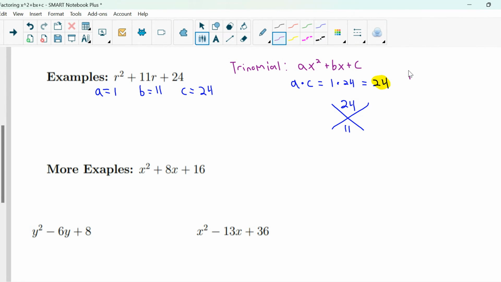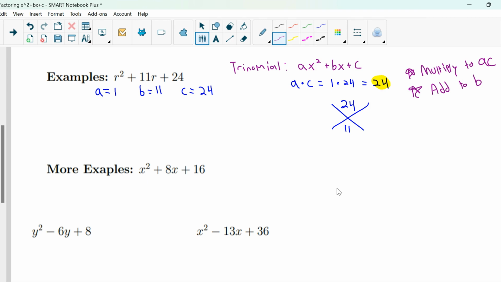So if you want to take a quick note, multiply to AC, add to B. Okay, and I use an X to set this up because I just find it to be a nice way to look at this kind of a situation.